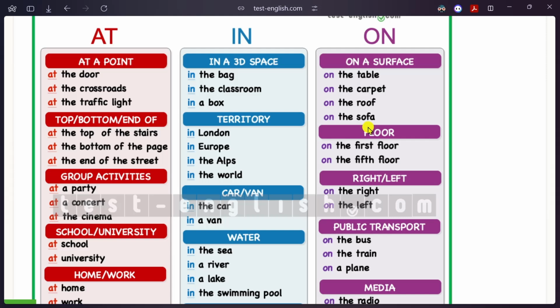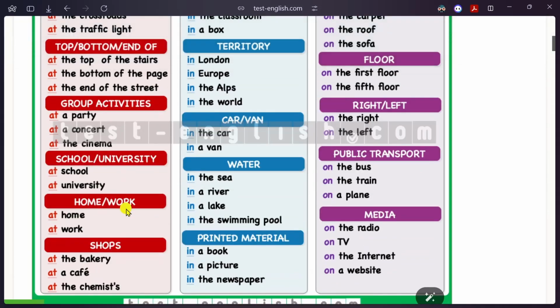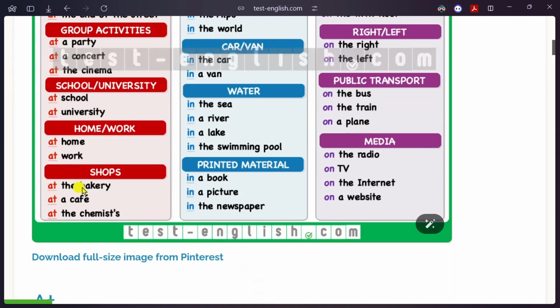So you see, here we have specific locations, group activities: at a party, at the cinema, at a concert. School, university, at school. At home, at work. You see some specific locations. And at the bakery, at a cafe, at a chemist's.